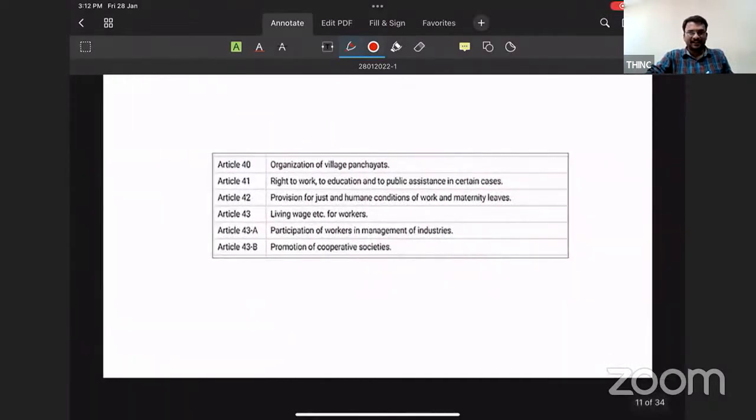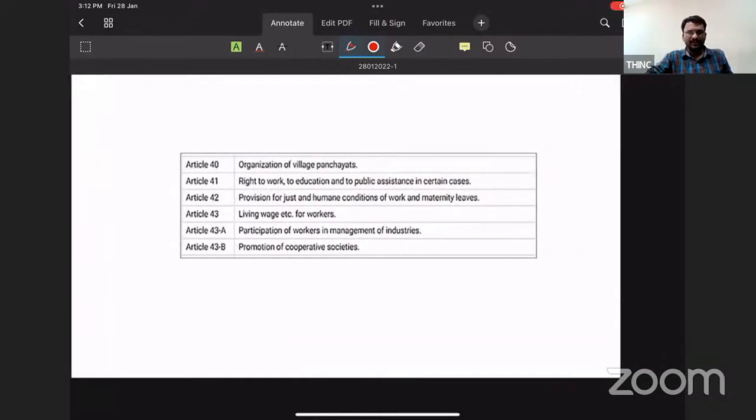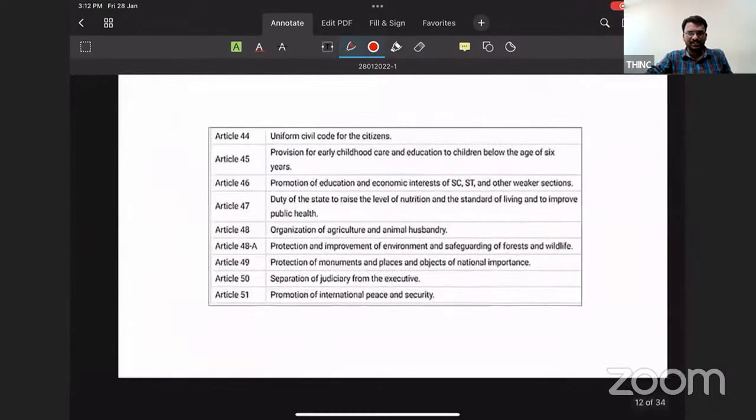Another important thing over here is living wages and participation of workers in management of industries, 43A. These things were introduced by the Indira Gandhi government through the 42nd Amendment. Promotion of cooperatives was later added in the 96th or so amendment. It was not there in the original constitution.